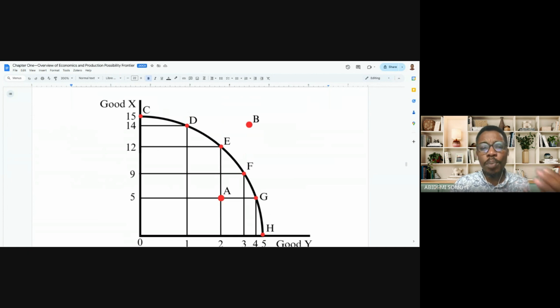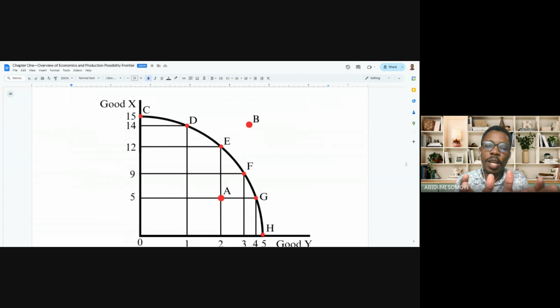What does productive efficiency mean? Productive efficiency means that a country is using up its factors of production very well, meaning that there is full employment of resources. You don't have waste, you don't have a bunch of people who are unemployed.